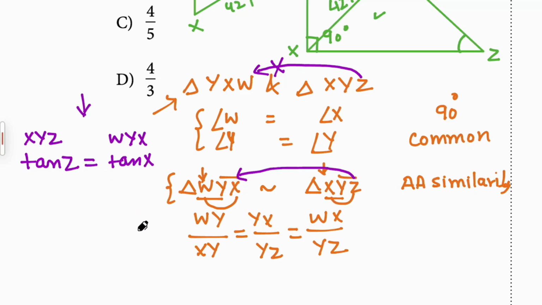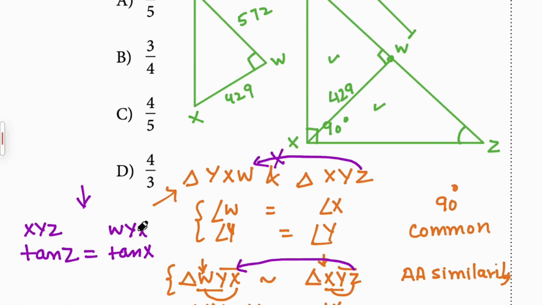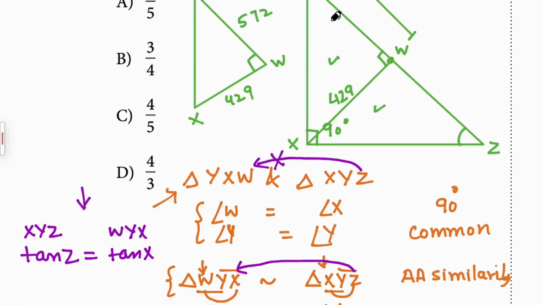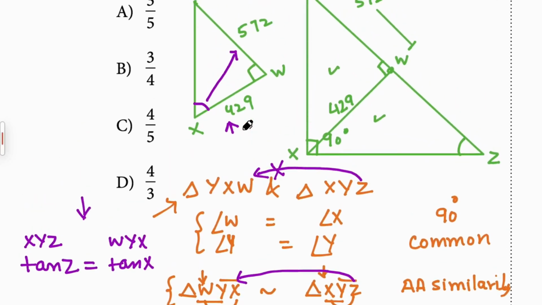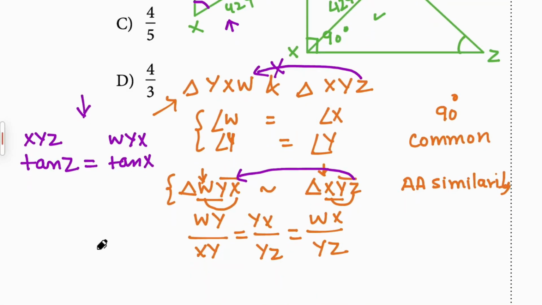Okay, that means we are going right because in this triangle we have measurements. Now let's see what tan X is. If this is the angle, so this side is going to be opposite and this side is going to be adjacent, right? So that means tan Z is going to be 572 over 429.